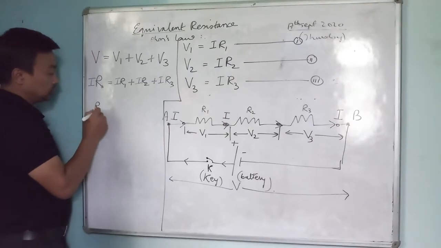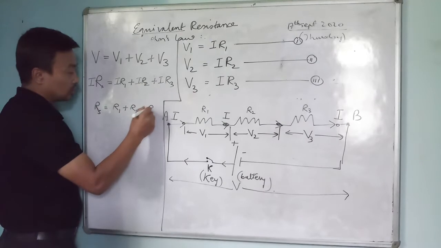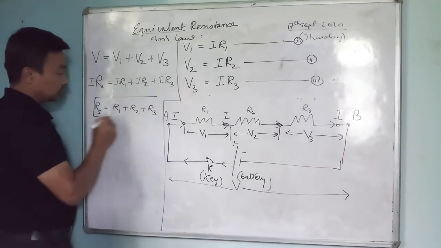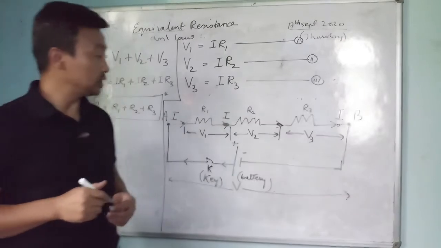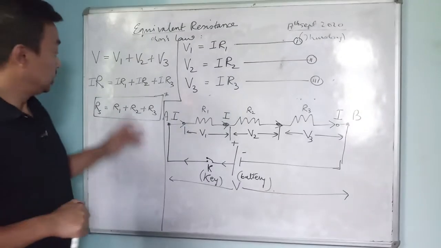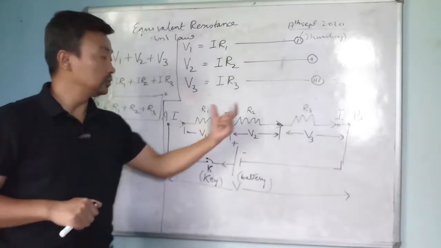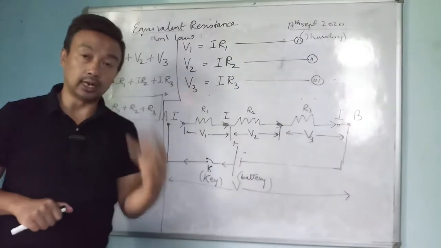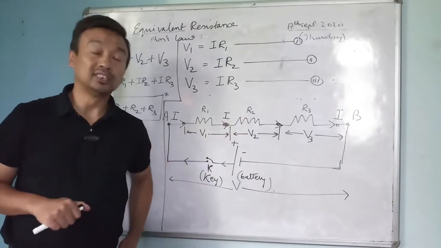So when that I is removed, we get it like this. So this is the equivalent resistance of the entire circuit when the individual resistors R1, R2, R3 are combined in series.